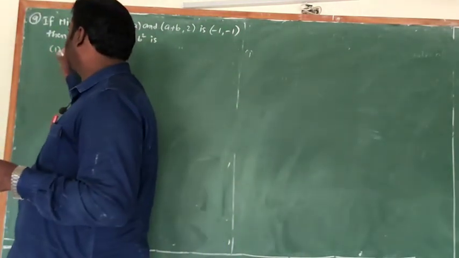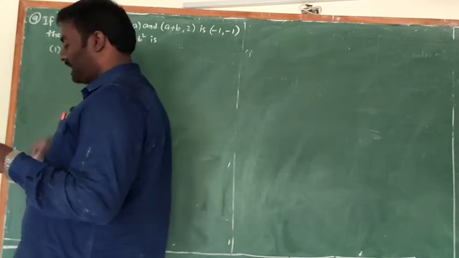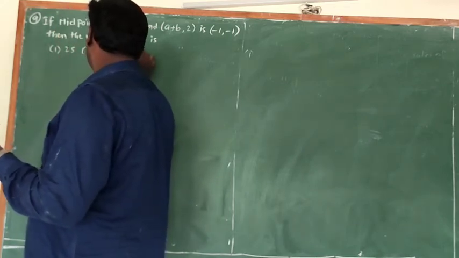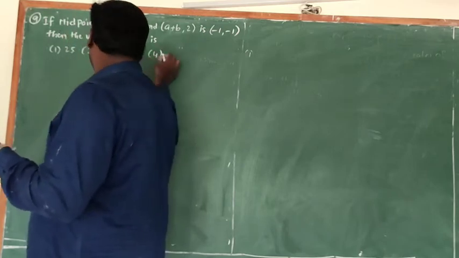First option 25, second option 21, third option 20, fourth option 70.